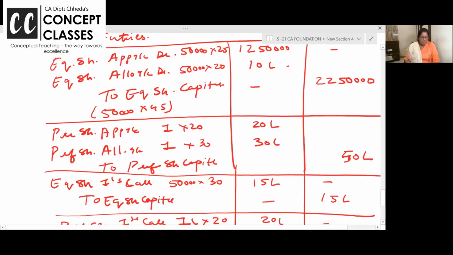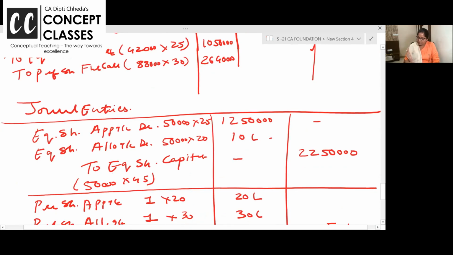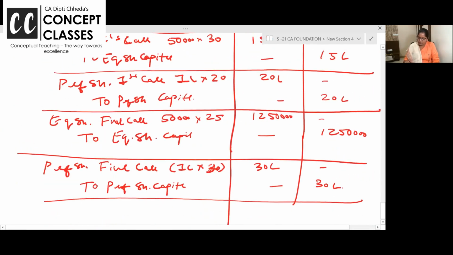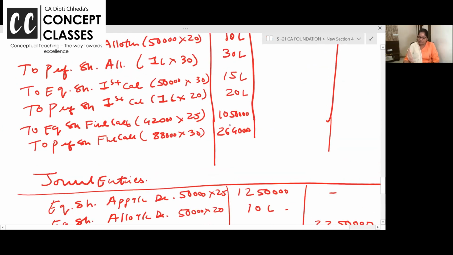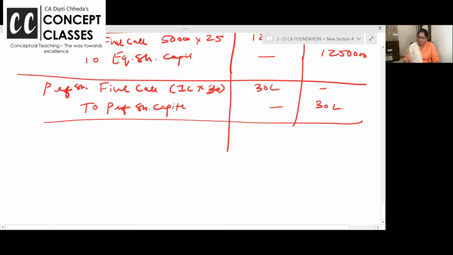See, they have not recorded, but one more entry should be made. Look, the final call you made is 1250, but the amount received is 1050. So 2 lakh, 8,000 shares at 25. The 2 lakh that is not received is going to be debited in the call in arrears. They have not asked, so we have not recorded.